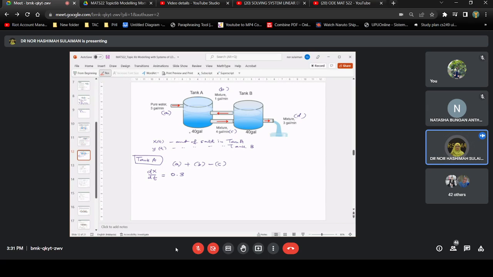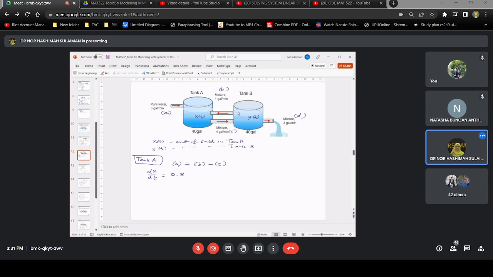Tadi kita dah labelkan yang ini x of t, yang ini y of t. Now B datang daripada mana? B comes from tank B, betul? B datang dia datang daripada tank B masuk tank A, betul? Okay. So, apa concentration dia?